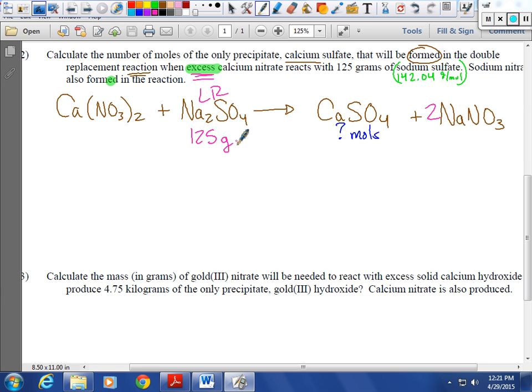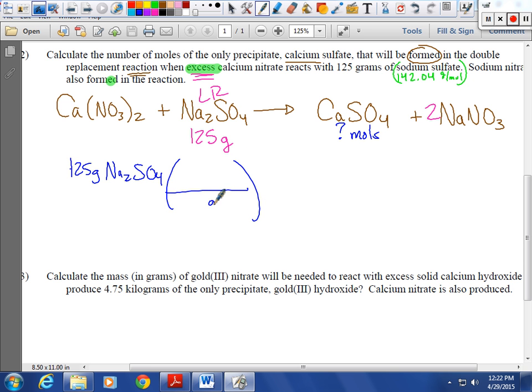Okay? What unit am I going from and to? Grams to moles. How many steps? 2 steps. So, I'm starting with 125 grams of Na2SO4. By the way, that green number up there that I wrote by the problem, that's the molar mass. I went ahead and calculated that.